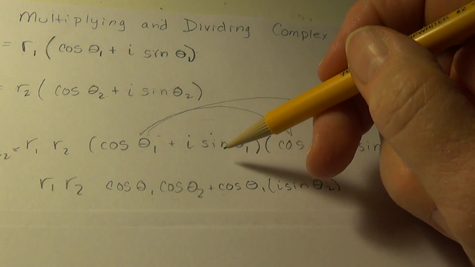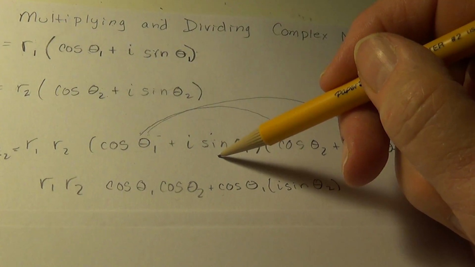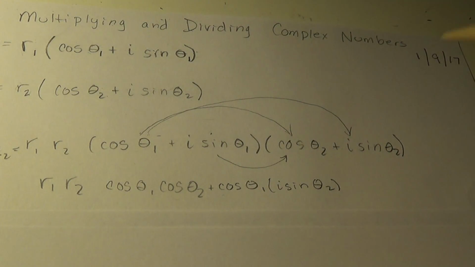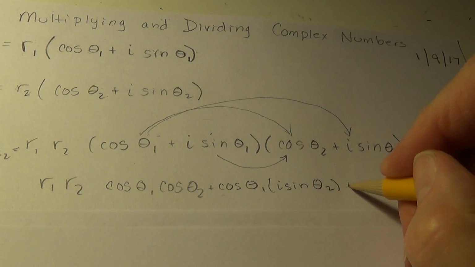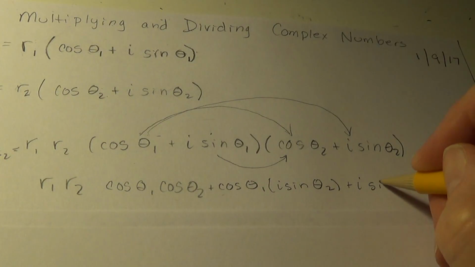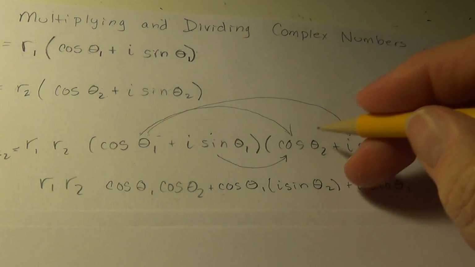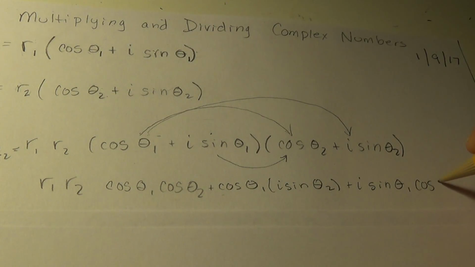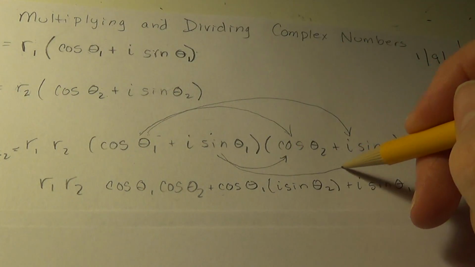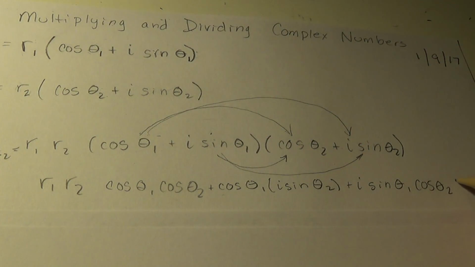All right, two more steps left. I have this times that, so plus i sine theta sub 1 times cosine theta sub 2. And then lastly this times this, and I get an i times an i, which is an i squared.